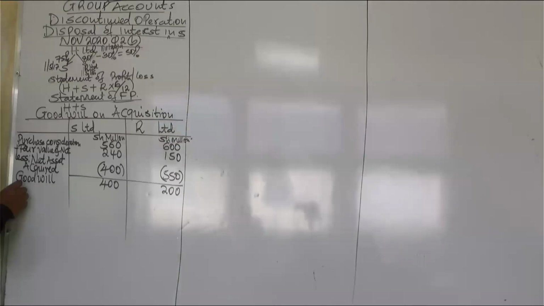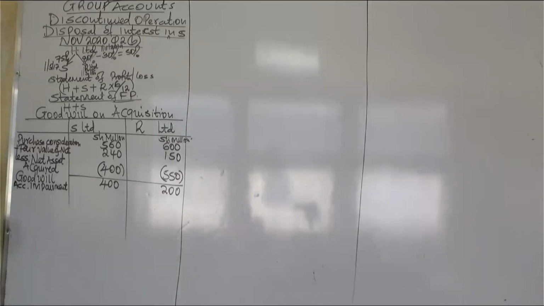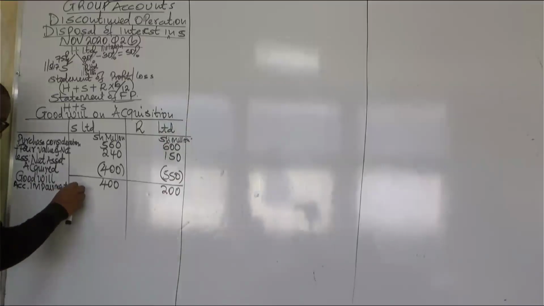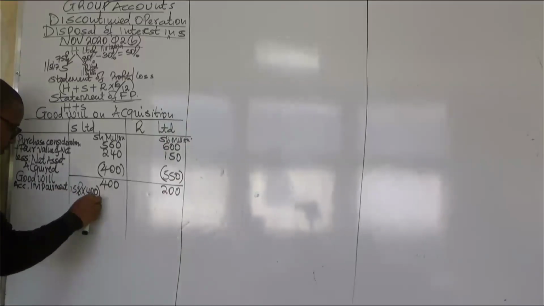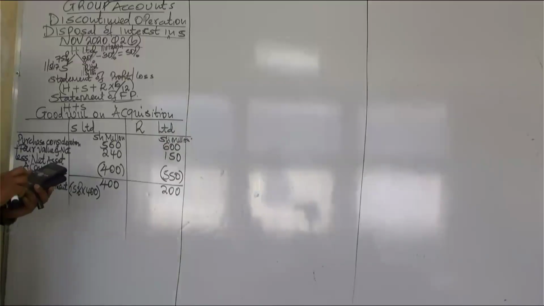So that is what we call the accumulated impairment. What will be the accumulated impairment here? 15% of this 400. How much is it? The 15% of the 400 will be 60.